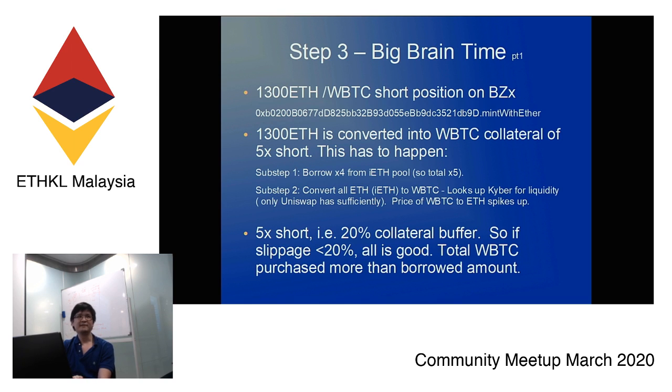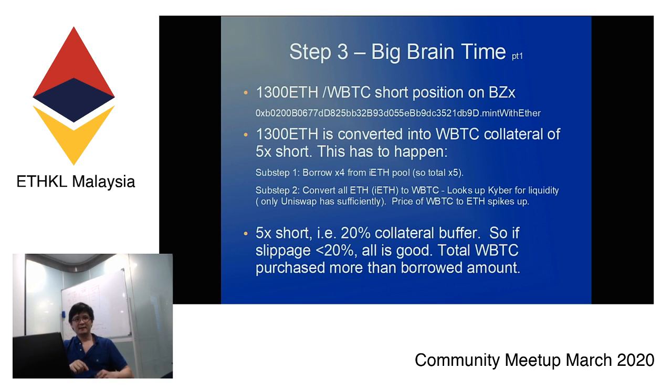Usually it would be fine because, for example, even the dYdX contract has something for this. Once you buy from an external liquidity provider, you want to make sure that the collateral you're setting up is enough to withstand this price slippage. That's why it's 20%.